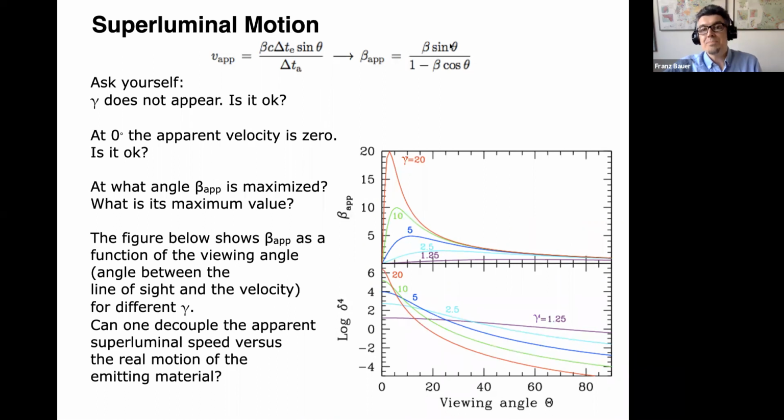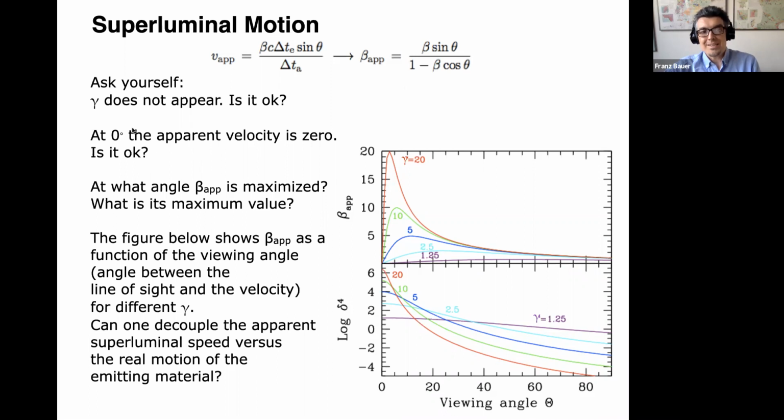But you can still plot things in terms of gamma. So we can look at how this apparent value changes as a function of viewing angle for a different gamma. And of course, beta and gamma are related. So even though gamma isn't here, you still have beta in here. So the velocity is still there. It's just this ratio of sine versus cosine that's important.